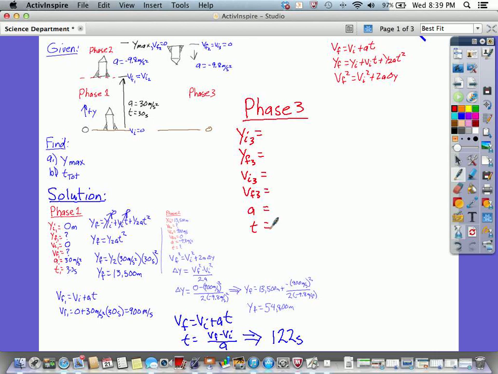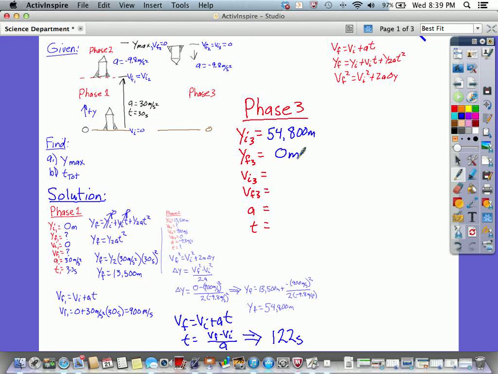And again, let's step through each one of these. My y initial for 3 is just my maximum height, so I'm at 54,800 meters, so I'm a ways up there. My final position, well, I'm back at the ground, I'm at 0 meters.